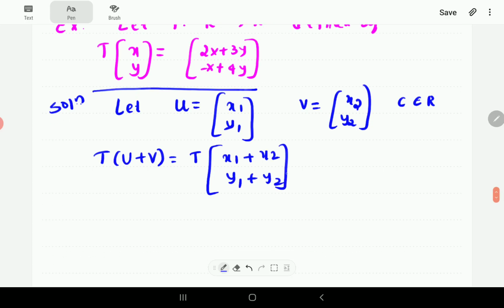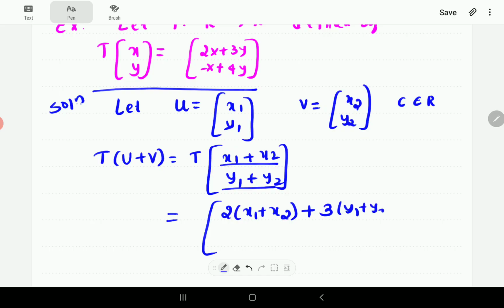Now T of (x, y) is defined as 2 times x plus 3 times y, so this is our x and this is our y. Therefore, this will be written as 2 times (x1 plus x2) plus 3 times (y1 plus y2).